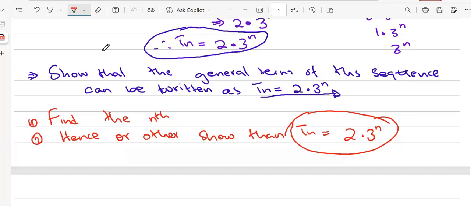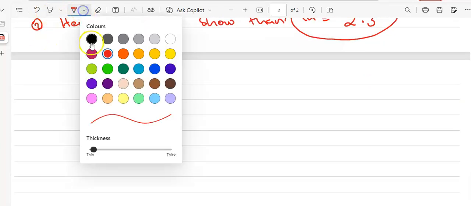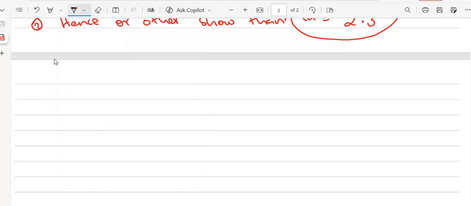Last, this is the last question. They are asking how many terms there are in the sequence. I'm going to leave you to think about this question, then we're going to work on it in our next lesson.